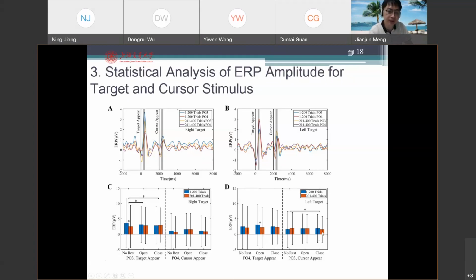But when the cursor appears, at the similar site of PO3, we found a significant decrease of the ERP amplitude in the no rest session compared to the eyes closed resting approach.